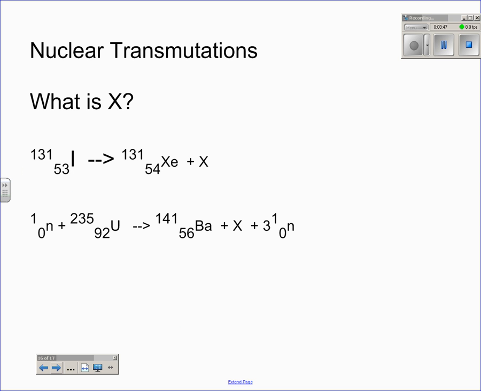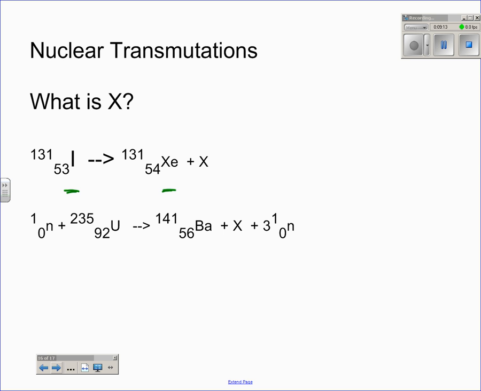Okay, the very last types of problems that we're going to go over have to do with nuclear chemistry and nuclear transmutations. Remember, a transmutation can be identified because you have different elements in the reactants and the products. One element is changed into a different element. Okay?